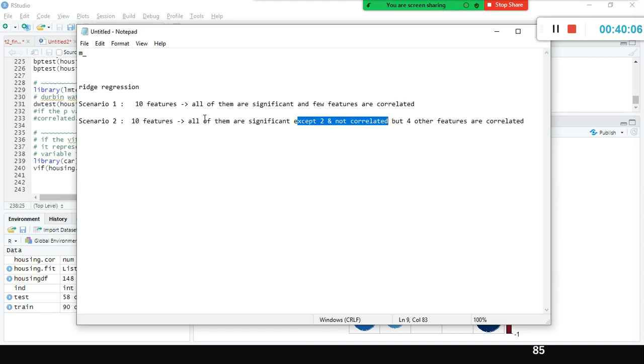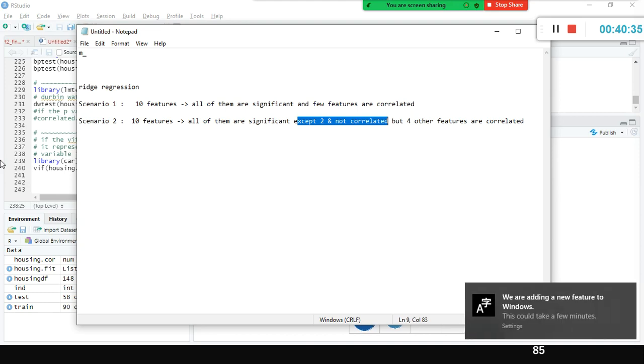Now you tell me, will using ridge regression make any sense? Yes, actually in the second scenario? No, I say no. Okay, you justify why it is yes. Because if there is some correlation, that small correlation also being a factor gets affected in the scenario too. Small correlation means collinearity.